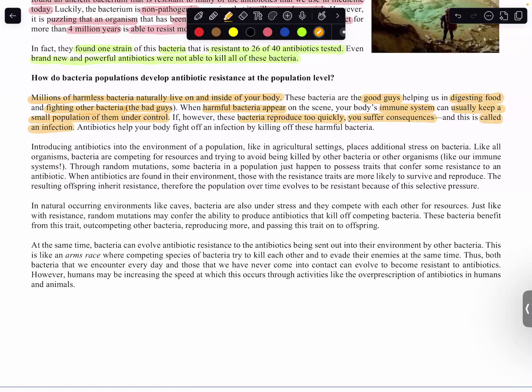So, our immune system does what it can to ward off a small population of bacteria. But if they're reproducing at a higher rate than we're killing them, then we might need some help. All right. Antibiotics help your body fight off an infection by killing off those harmful bacteria.